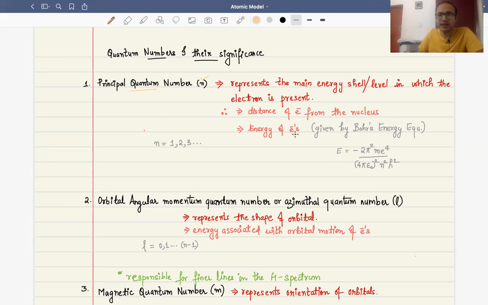We know the energy expression that Bohr derived, and it was shown in the previous video to be minus 2 pi square m e to the power 4 divided by 4 pi epsilon naught square n square h square, where epsilon naught implies the permittivity. As you can see here, this energy value is a negative term.